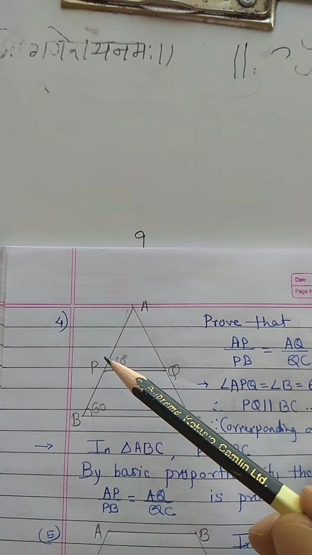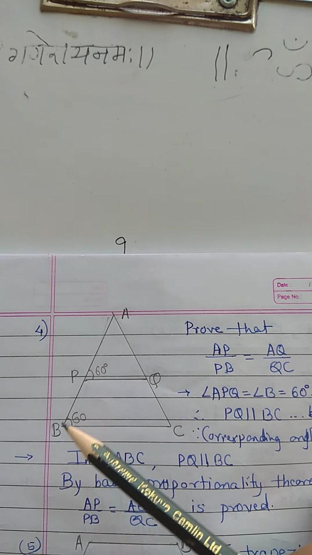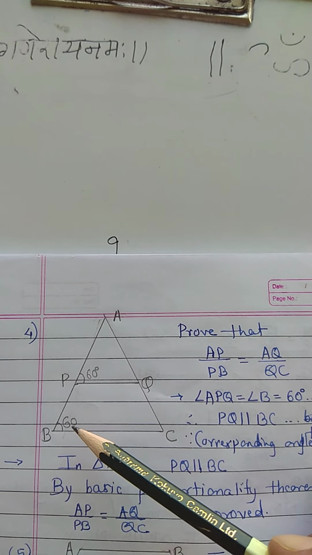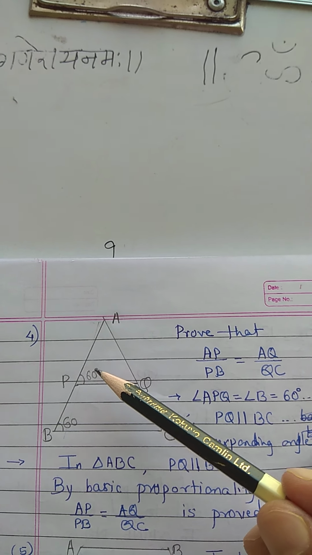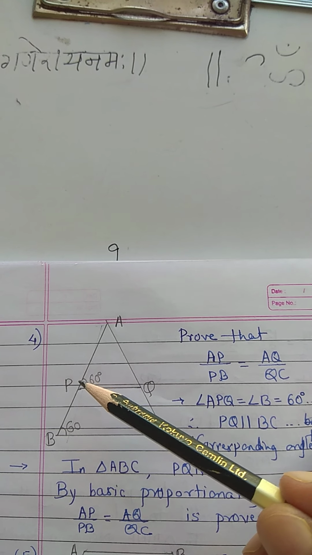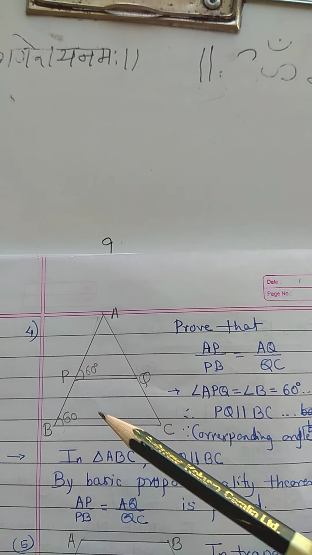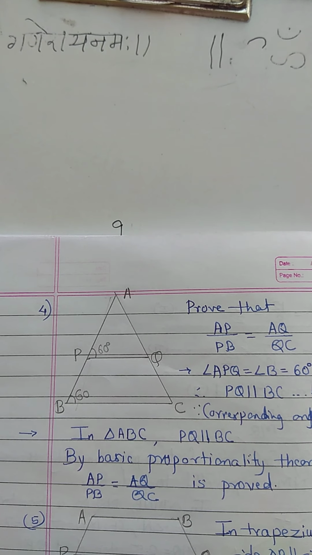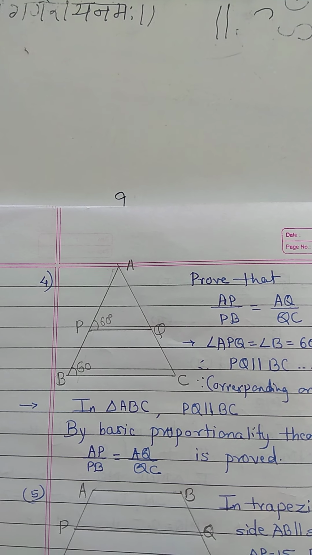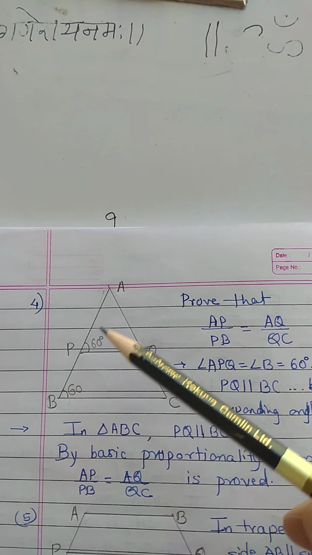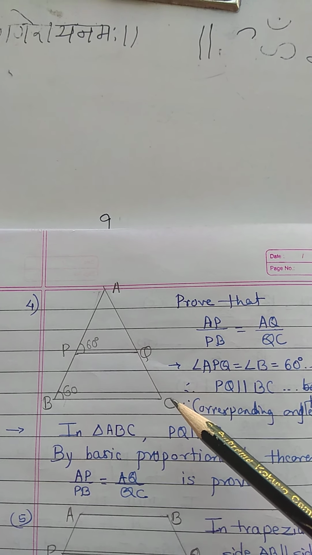As angle APQ and angle ABC are given as 60 and 60, they are corresponding angles. As the corresponding angles are congruent, the lines are parallel. As PQ is parallel to BC, we can apply the basic proportionality theorem. Then we can say that AP upon PB is equal to AQ upon QC.